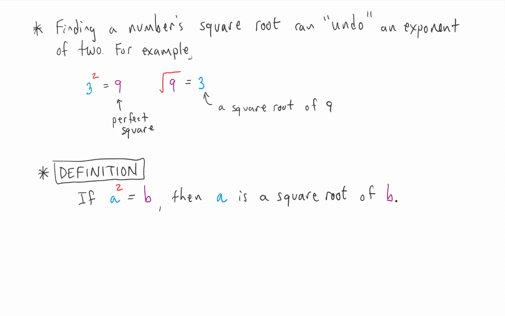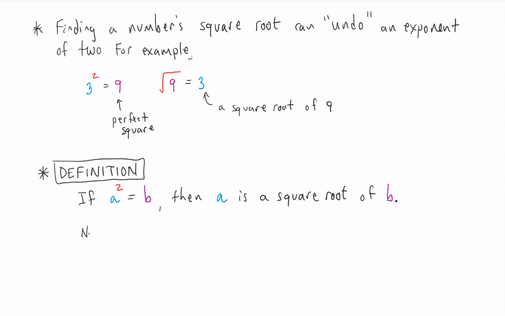So if you take a number and square it, whatever you squared is the square root of the output. So a squared is b, so a, without the exponent, is a square root of whatever the output was, the answer, the result, b.